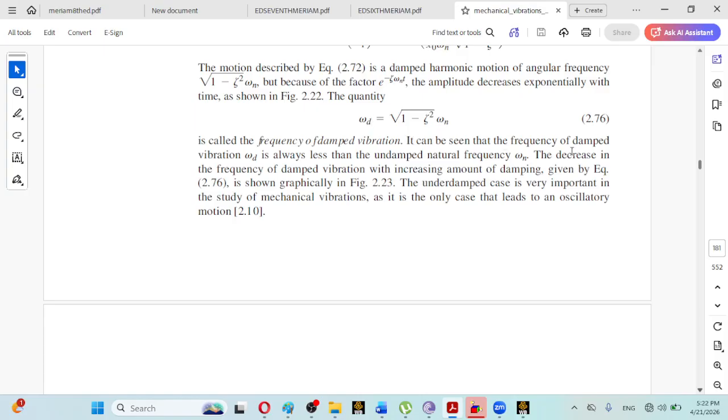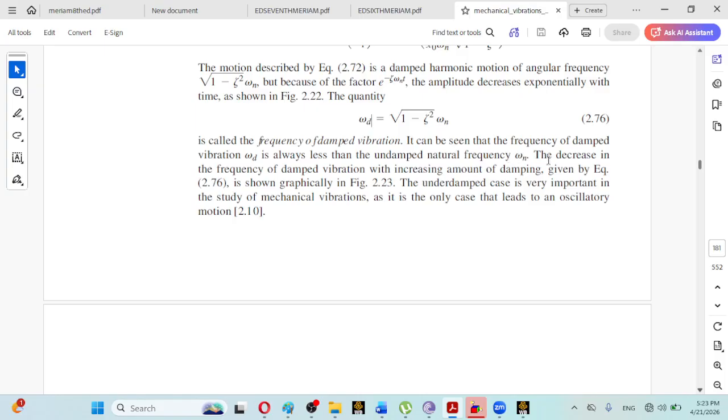It can be seen that the frequency of damped vibration omega d is always less than the undamped natural frequency omega n, and the time period will be vice versa, because if you manipulate this statement, it can be seen that the time period of damped vibration, tau subscript d, is always greater than the undamped time period, tau subscript n.